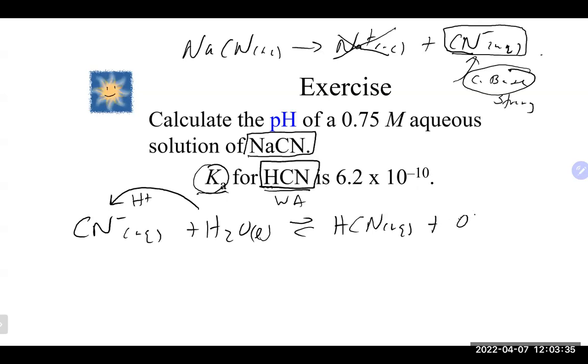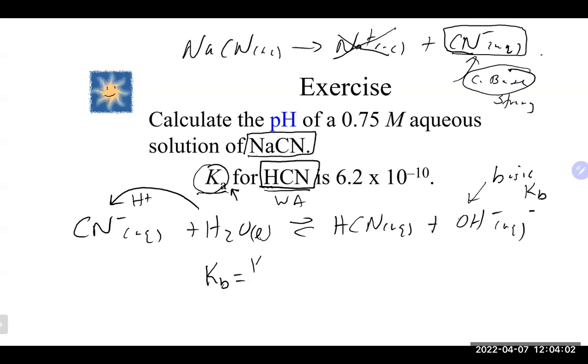And it will also form some hydroxide. So once again, should the solution be acidic, basic, or neutral? It should be basic here because we have hydroxide. Also, when we do the calculation, we should be using a Kb. Once again, we are not given the Kb here, but the Ka. So while we're here, we might as well flip it over to a Kb.